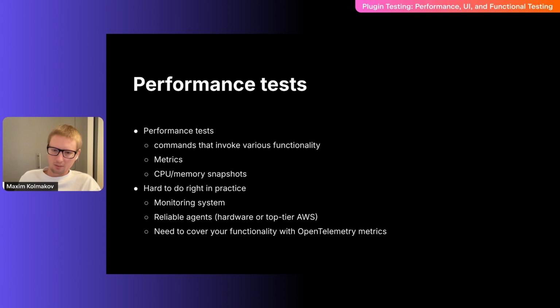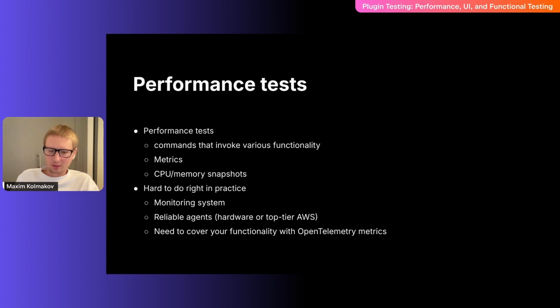But here's the thing about performance testing: it is complex, really complex. Let me explain why. First, you need proper infrastructure, somewhere to store metrics, tools to visualize them, and ideally an alerting system. While tools like Grafana exist, they are built for web services and not IDE testing.